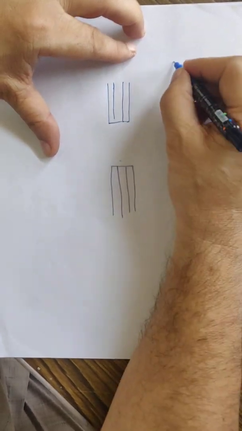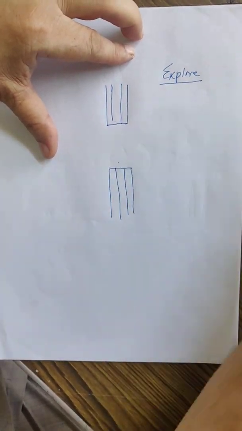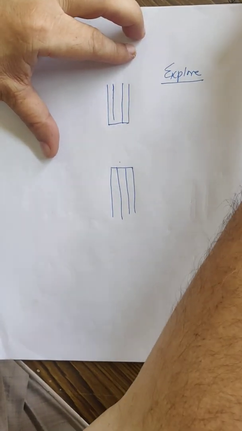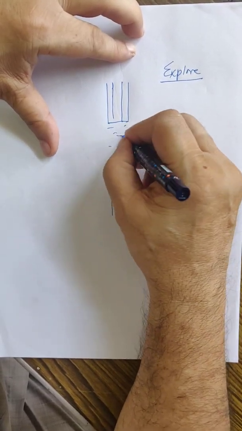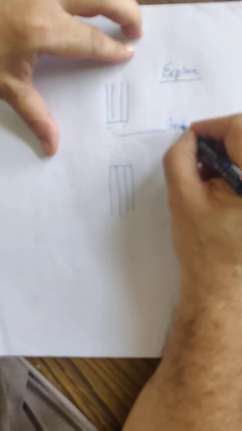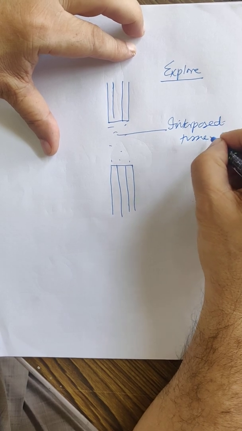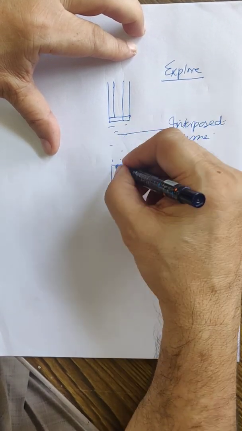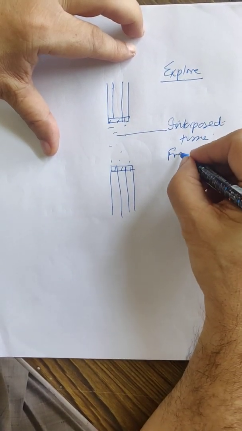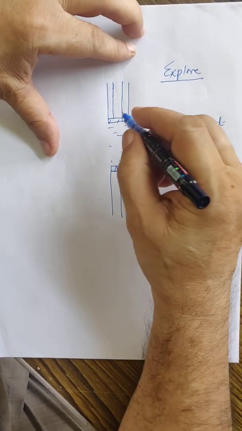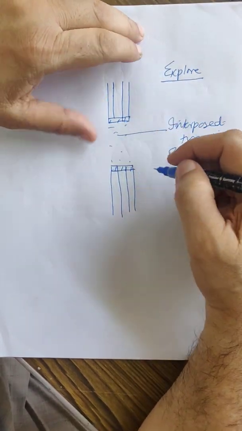So in non-union you explore the fracture, you remove the interposed tissue, you freshen the bone ends, and you try to arrange for approximation.